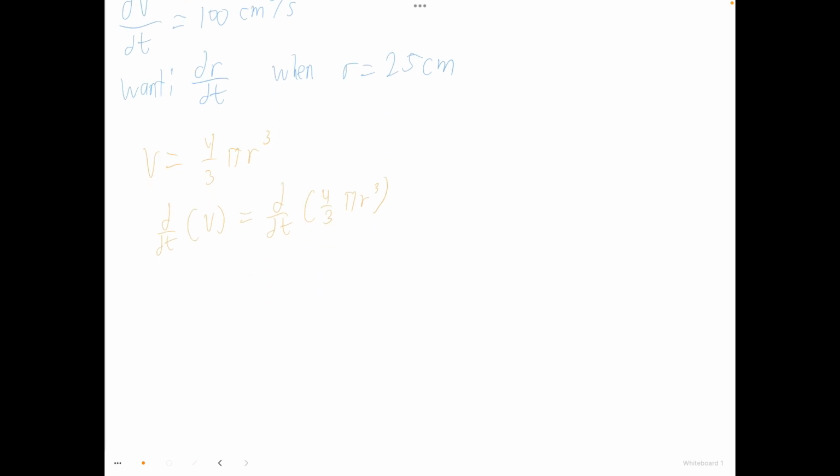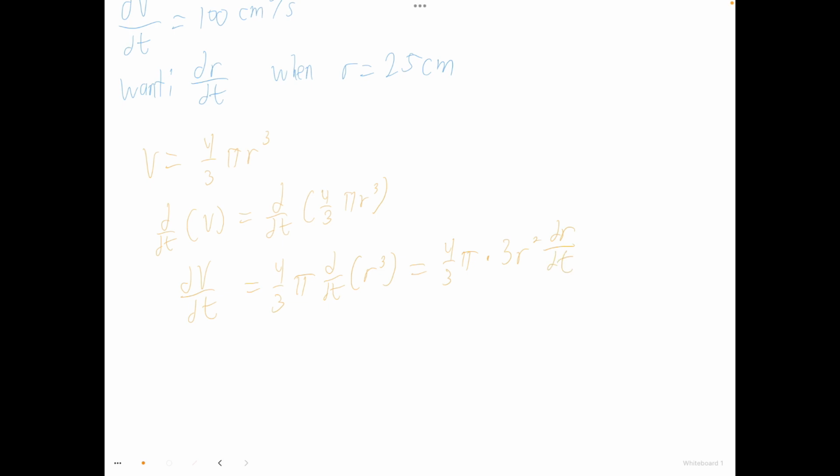Now, the derivative of V with respect to time is just dV over dt. And then to take the derivative of 4/3 pi r cubed, we have to use the chain rule because we're taking the derivative with respect to t. So we're going to have 4/3 pi, because those are all constants. Then the derivative of r cubed with respect to t. So it's 4/3 pi times the derivative of r cubed, which will be 3r squared dr over dt.